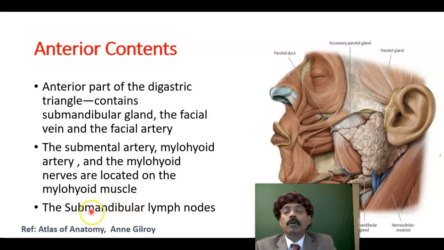The submandibular lymph nodes pick up lymphatics from the forehead, the nose, paranasal sinuses, upper lip, upper part of the lower lip, and the gingiva and teeth, except the lower incisor teeth. All this lymph drains into the submandibular lymph nodes and then goes to the jugulodigastric or jugulo-omohyoid lymph nodes.